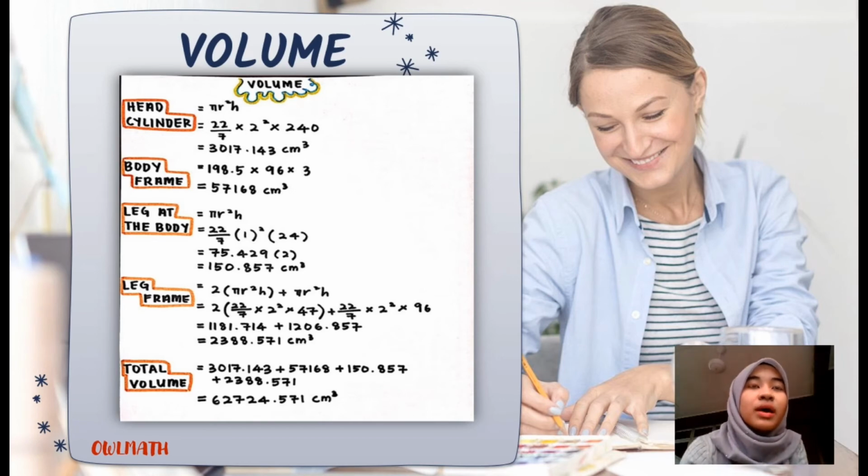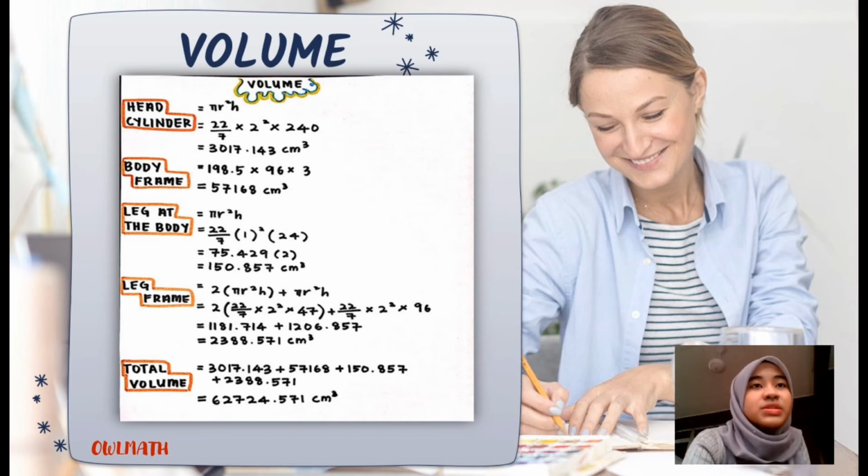For its leg at the body, using the cylinder formula πr²h, equal to 22/7 times 1 squared times 24 equal to 75.429, and times 2 because there are 2 legs at the body, so equal to 150.857.